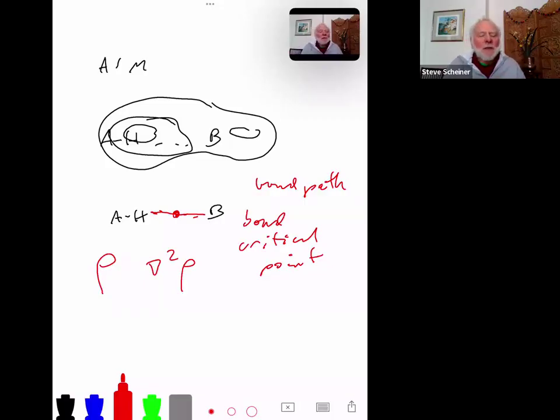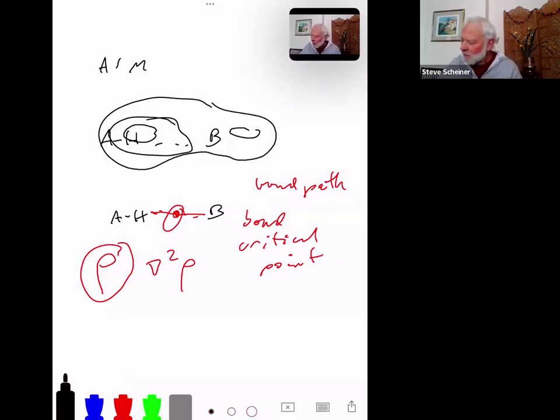If there's a hydrogen bond, we can simply evaluate the density at this bond critical point. And the larger this density, the stronger the hydrogen bond. So that's a good way to do that.